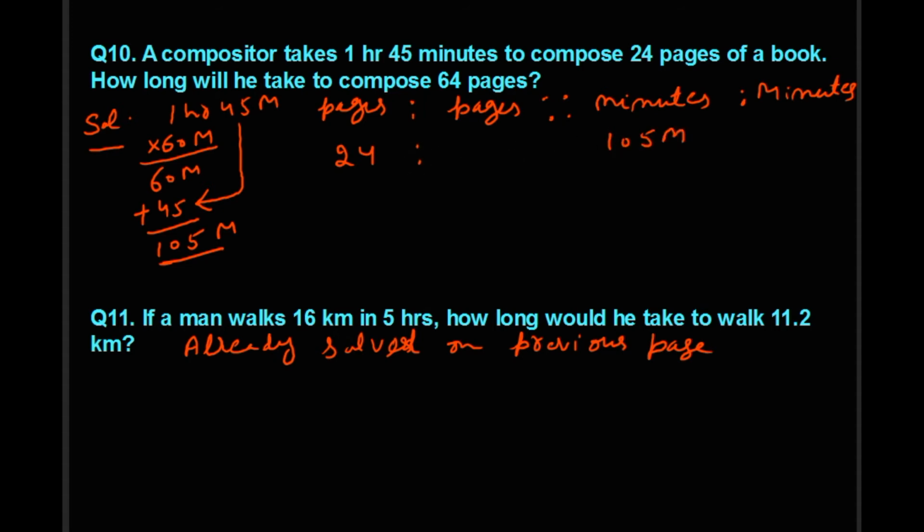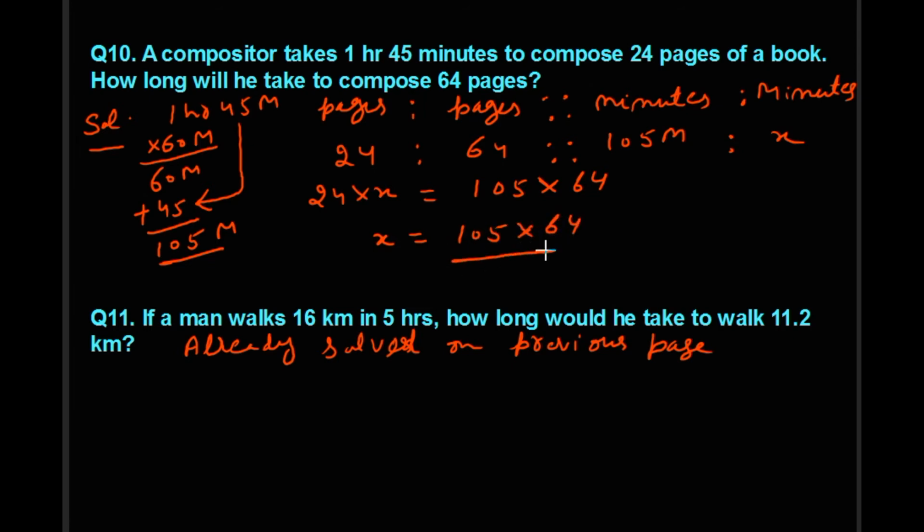He takes how many minutes? 105 minutes. How many pages are there? 64. For 64 pages, how much will he take? We will assume it x. So product of extremes, product of means, x equal to 105 multiplied by 64 upon 24.